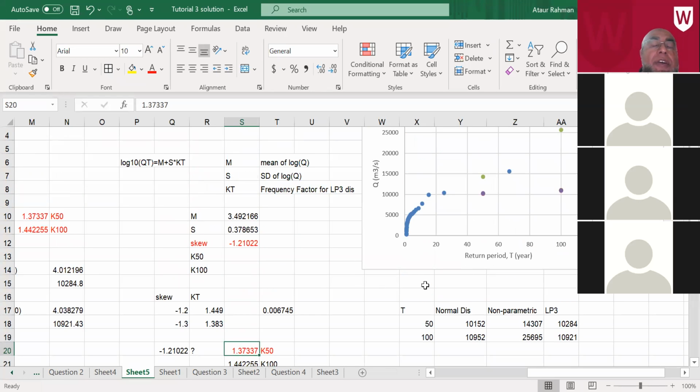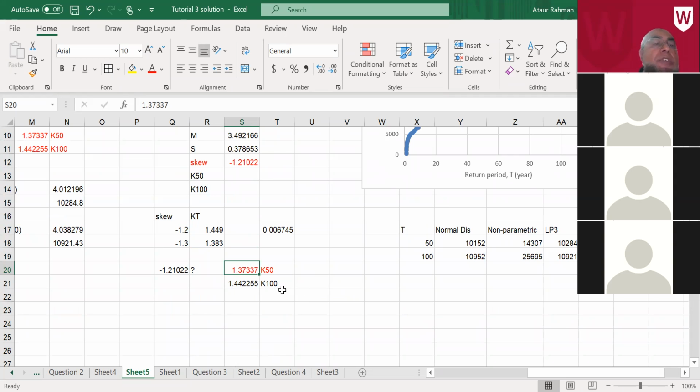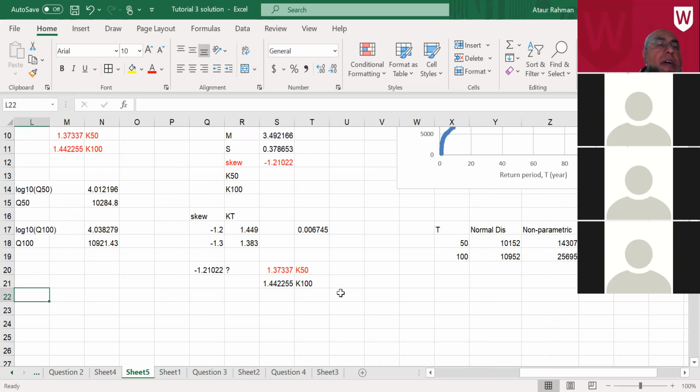Then our discharge values, where we calculate our discharge value here. We have used K50 as 1.37337 and K100 as 1.44225 in doing the calculation.